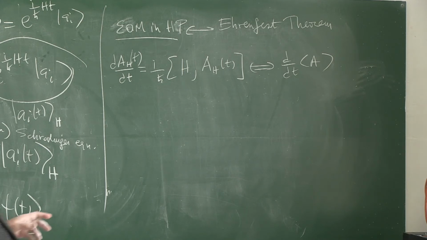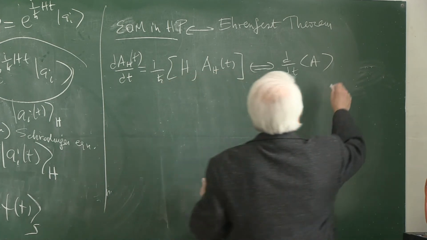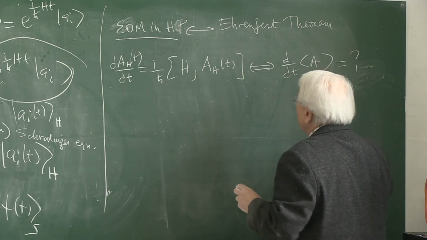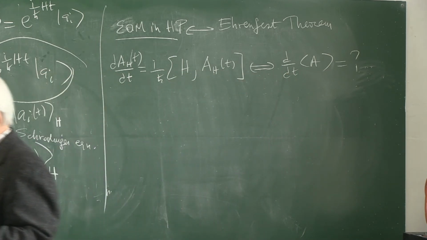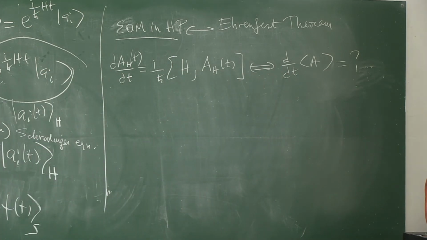What is the time evolution of the expectation value? Well, based on the previous discussion in the last couple of hours, we have seen that expectation values are the same in any picture. We can take them in any picture, they will have the same value.